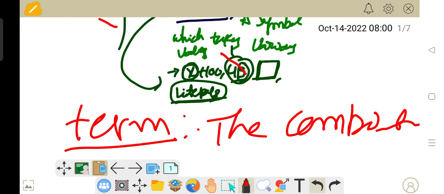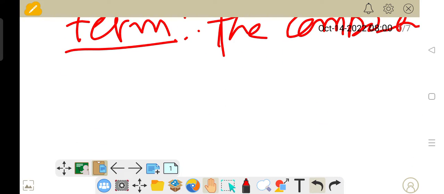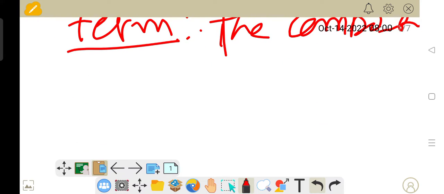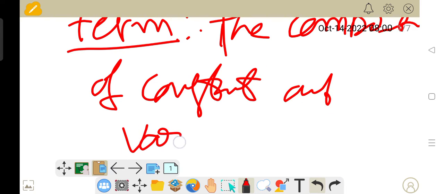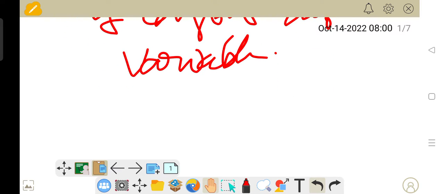The combination of constant and variable is called a term.